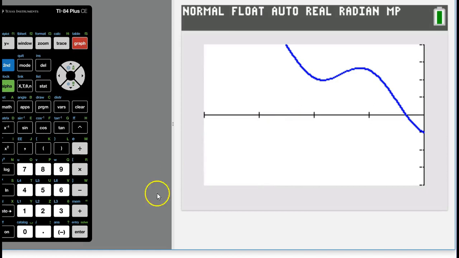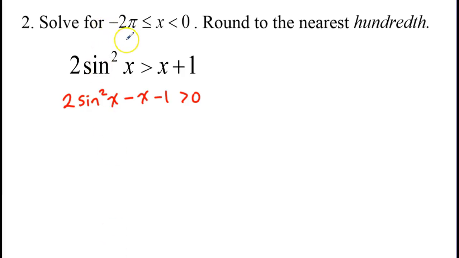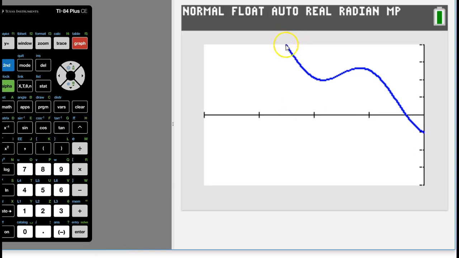Okay, so we're interested in, if you recall, the values of this function being greater than 0. So I'm interested in all the points where those are greater than 0. So I want to know what's that point right there.